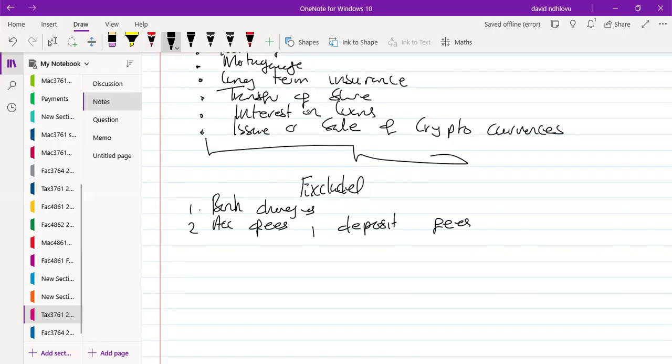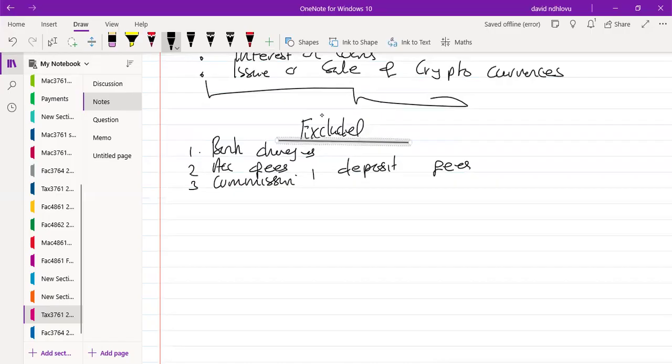They are specifically excluded from being treated as such. Commission too. They don't attract VAT at all. So we don't include them.